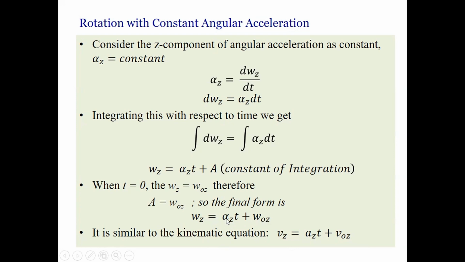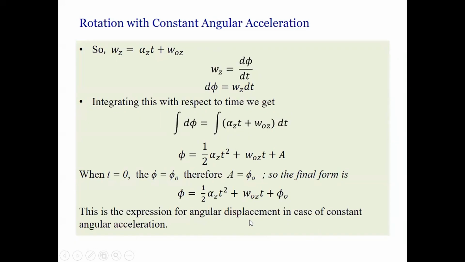Here alpha is the angular acceleration, omega is the angular velocity. So all the angular quantities show a similar kinematic equation. We can use this equation further and use the definition of omega, the angular velocity, as d phi over dt.